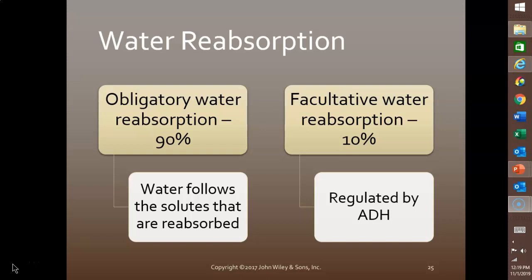Reabsorption of the final 10% or so of the water is termed facultative reabsorption. So facultative means capable of adapting to a need. So resorption of the facultative water is regulated by ADH, and this occurs mostly in the collecting ducts.